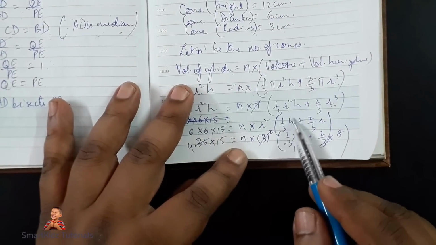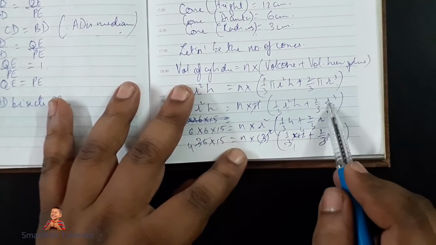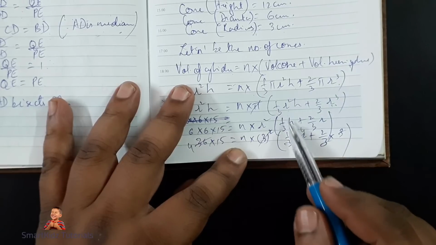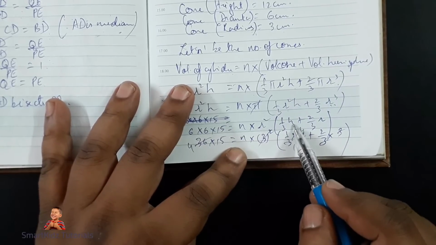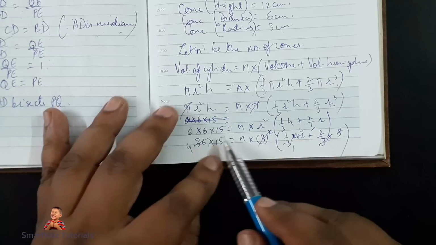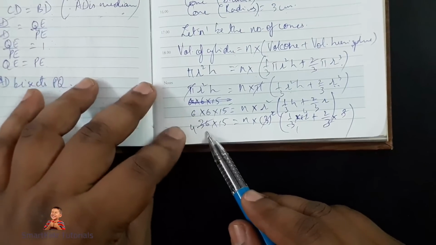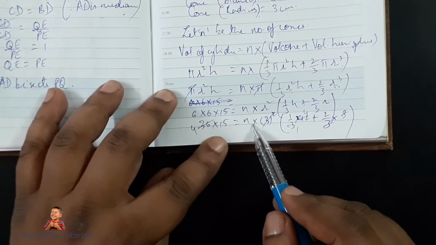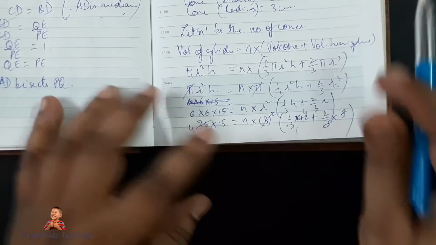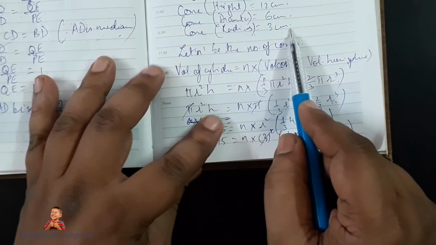And here I've taken r square out. So if we take r square out, we are left with 1 upon 3 into h plus 2 upon 3 into r in the brackets. Here you go, 6 into 6 is 36, 36 into 15 equal to n and r square. So r is the radius of the cone, and the radius of the cone you got as 3 centimeters.